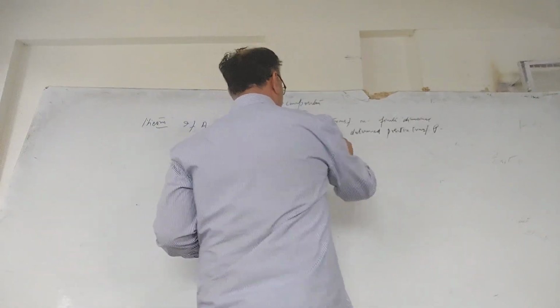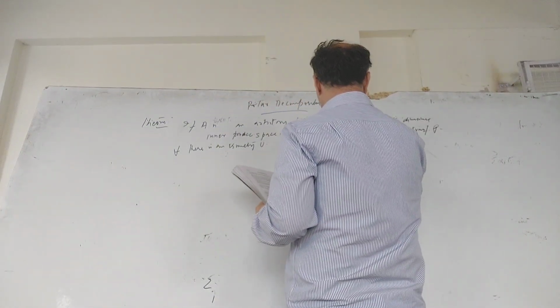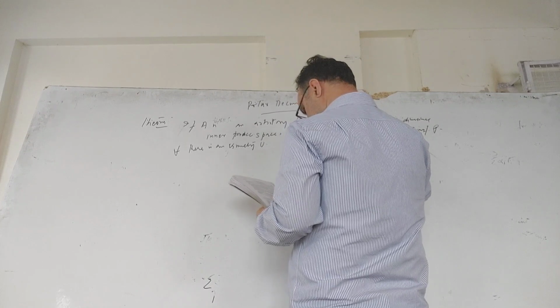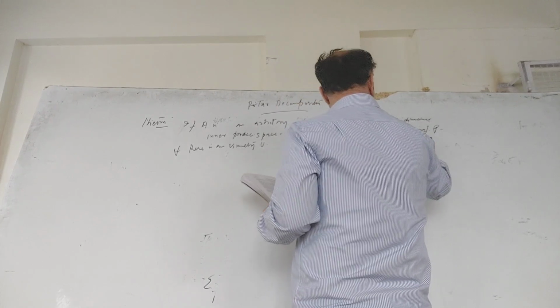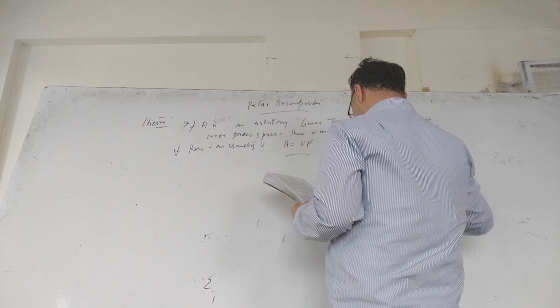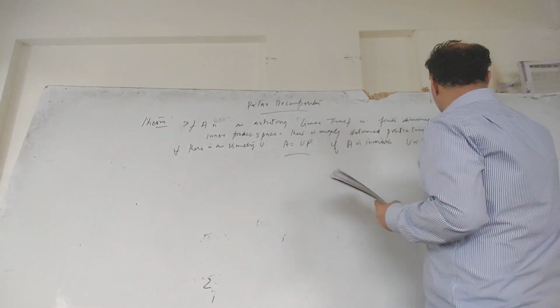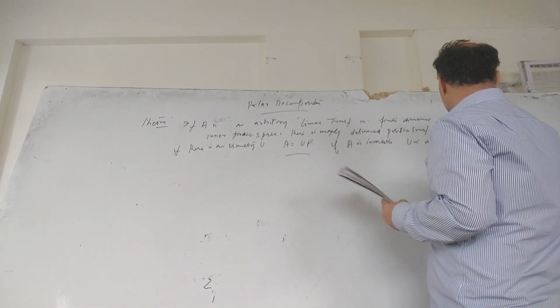Then, if A is invertible, U is also determined by A.